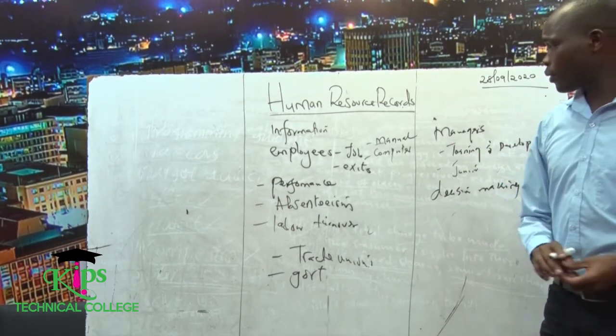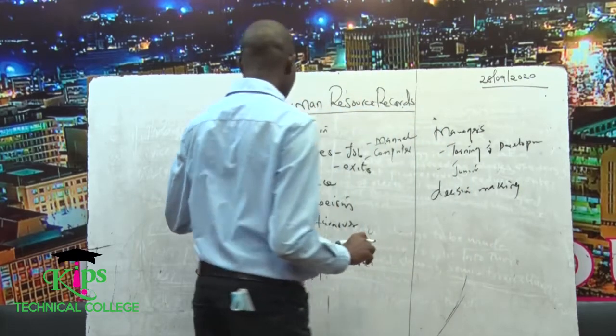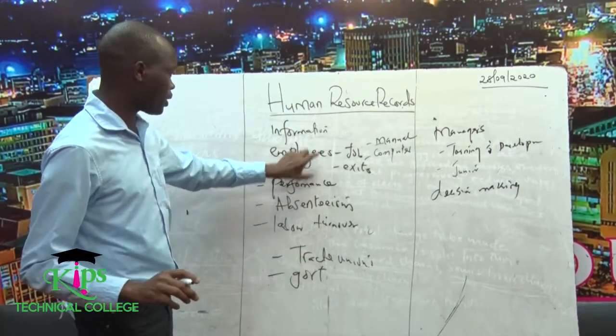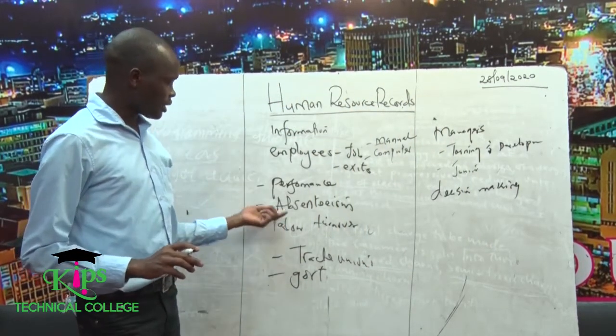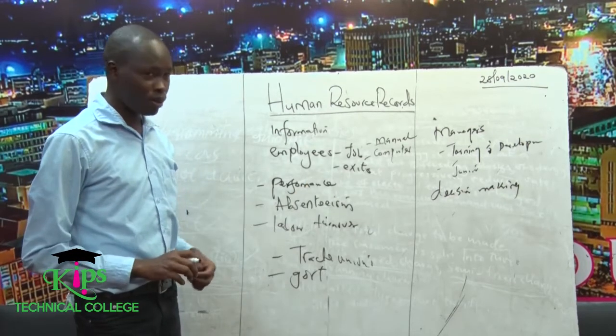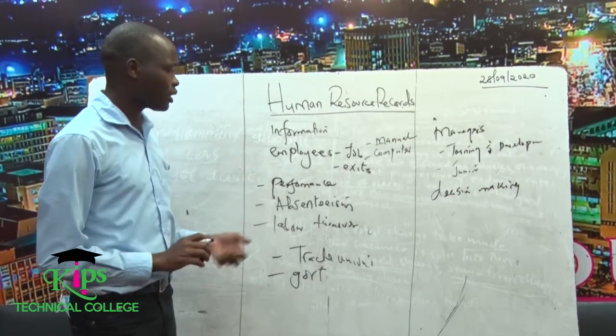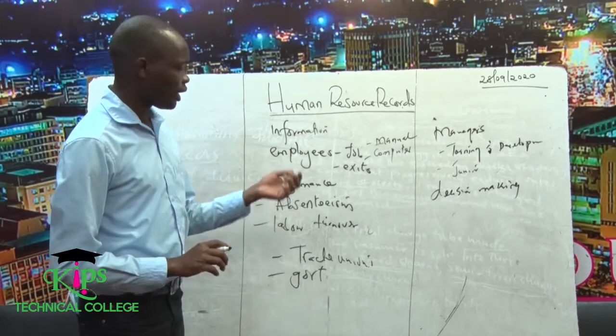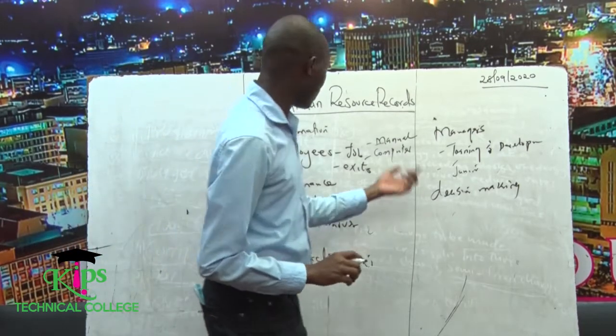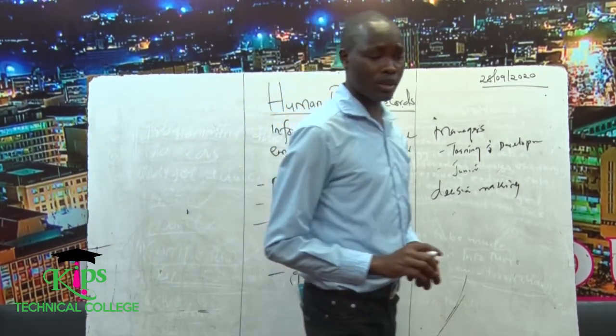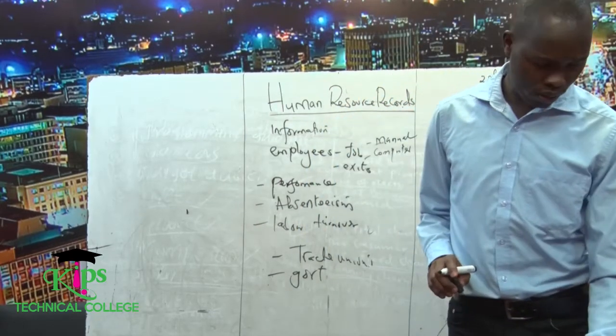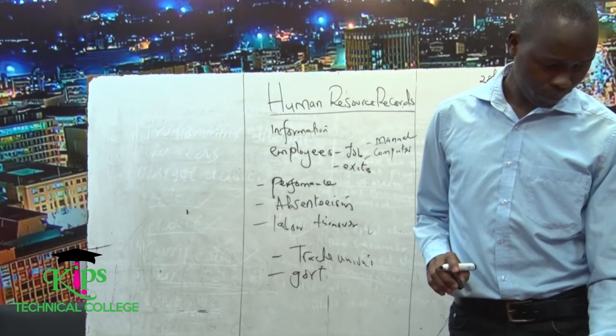Take an example that we've talked about performance appraisal of an employee in form of records. So in this case, if you want to make a decision who is supposed to be promoted to a higher position and who is not supposed to be promoted, you can use now the records pertaining to each and every person to make the decision.